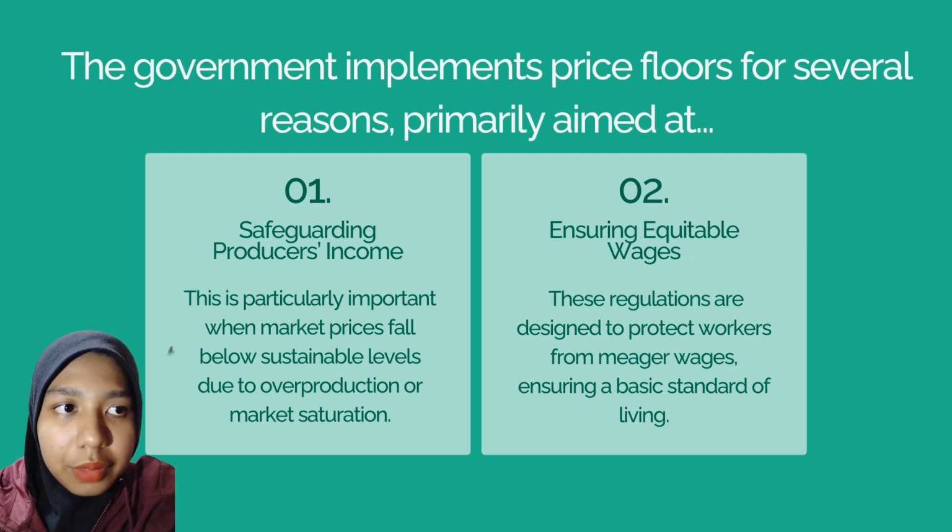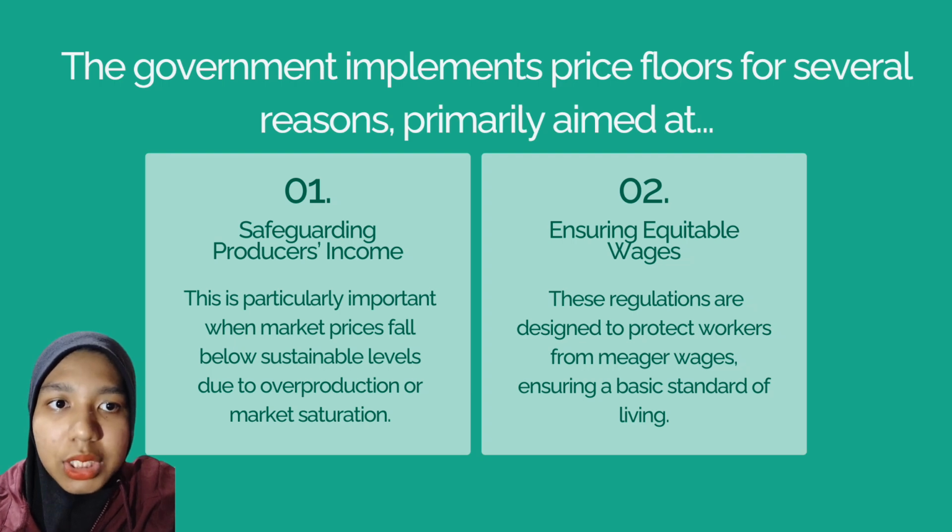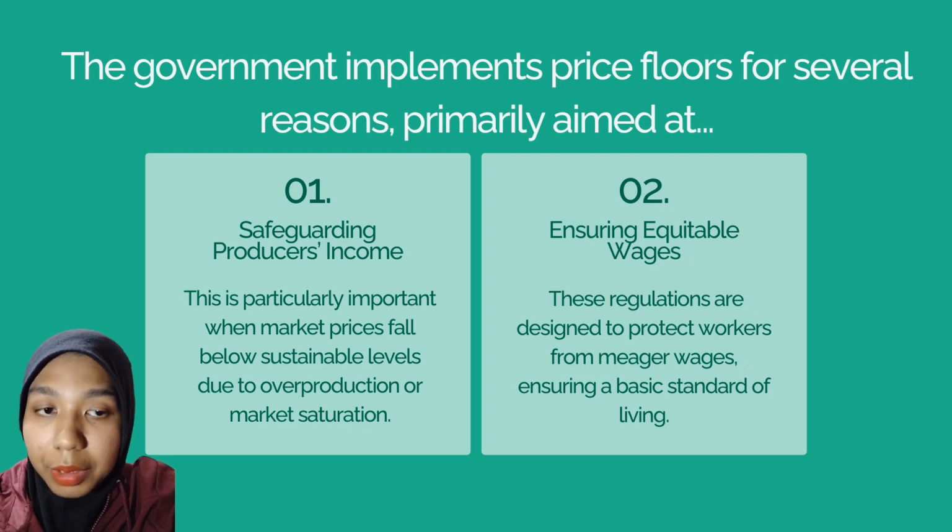Income is one of the foremost reasons for establishing a price floor, guaranteeing that producers, especially in sectors such as agriculture, receive a minimum income. For example, agriculture price support assists farmers in maintaining their livelihood by ensuring a minimum price for their products, thereby preventing significant financial losses when market prices decline.